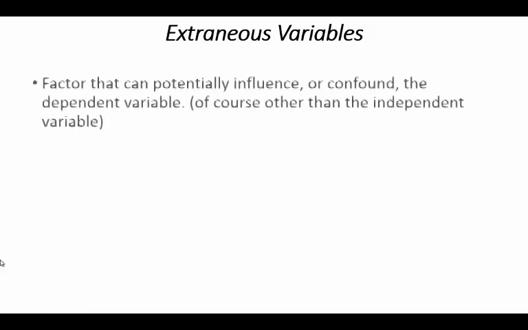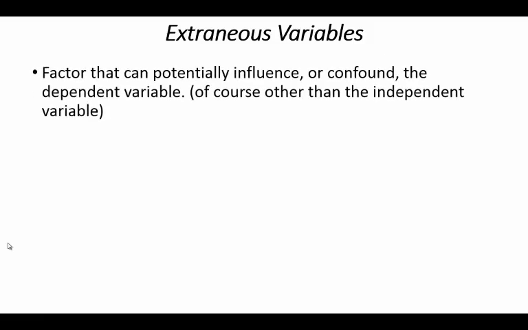Extraneous variables are variables that can happen because of anything, because of the people or the environment or the equipment or anything that is not under my control. So extraneous variables are factors that can potentially influence or confound.